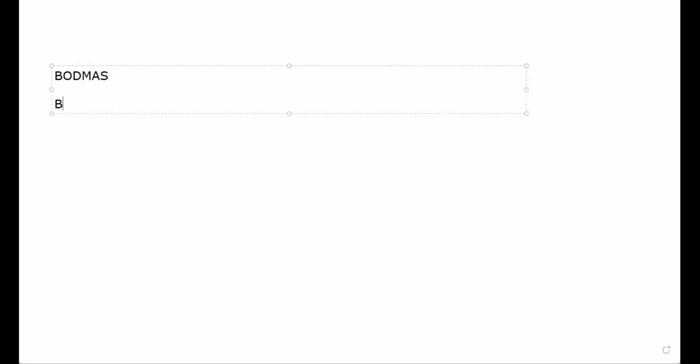There are 4 types of brackets in BODMAS. The first is the line bracket, which has the highest priority. This is the line bracket. After that, there is a small bracket or rounded bracket.